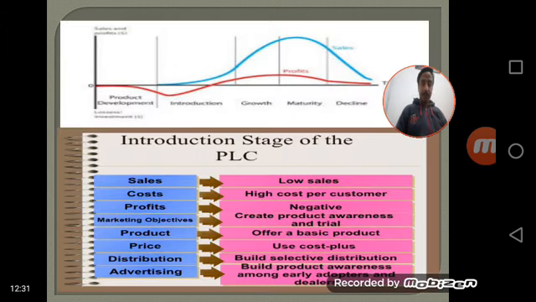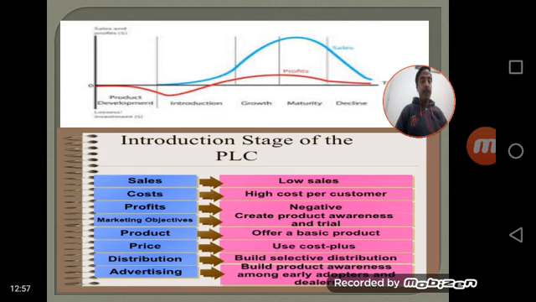So in the introduction stage of the PLC, your sales will be low. Why will sales be low? Because you have just launched your product in the market. The second part is cost: the cost will be high for the customer. Why will the cost be high for the customer in this stage?